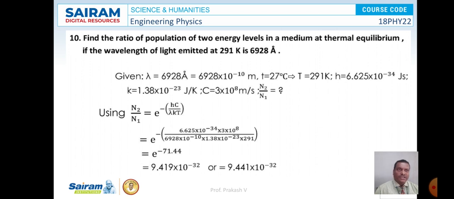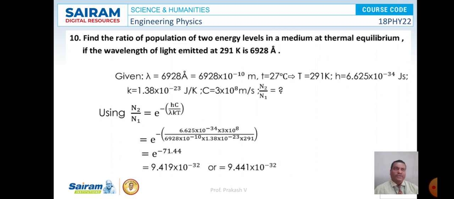So actually T is 291 Kelvin you have to consider, and h is 6.625 into 10 to the power minus 34 joule second, and k is 1.38 into 10 to the power minus 23 joules per Kelvin, and c is 3 into 10 to the power 8 meter per second.